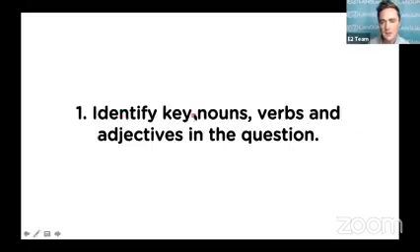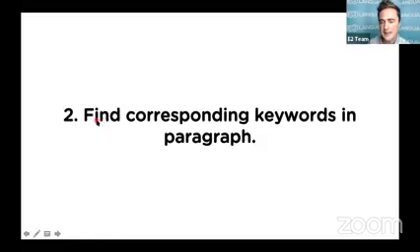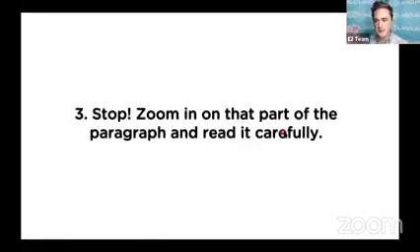How do you find keywords? Well, you need to identify the nouns, verbs, and adjectives in the question, right? So you go to the question first, you find the keyword in the question, then you find the corresponding keywords in the paragraph, because you need to know where to read. Then you stop when you've found it in the paragraph.